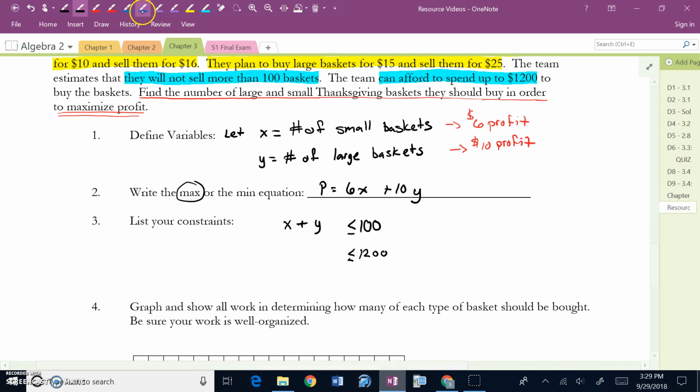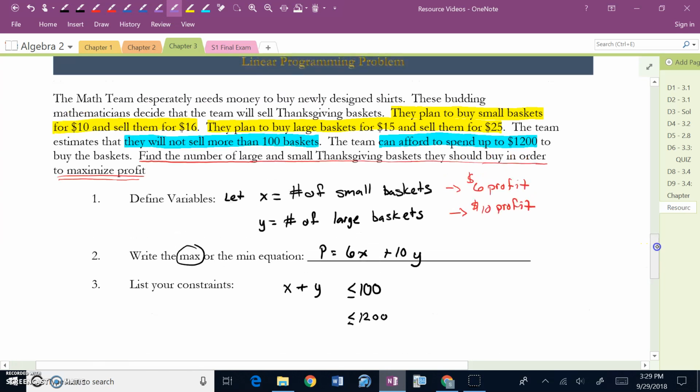Now spending is going to go back to what we have highlighted in yellow up here. We are buying small baskets for $10. So we are spending $10 on a small basket, and we are spending $15 on a large basket.